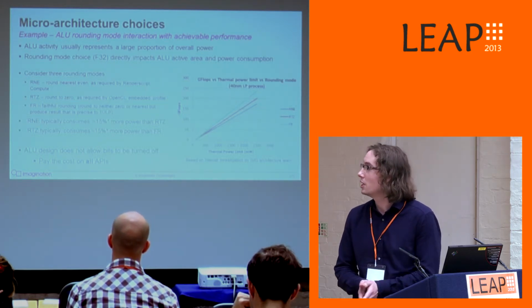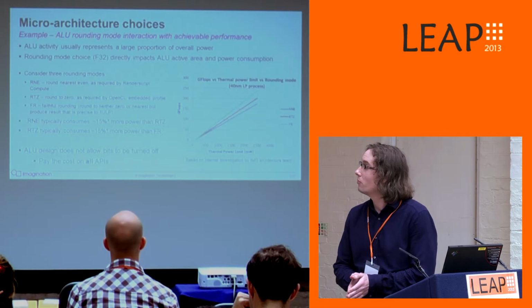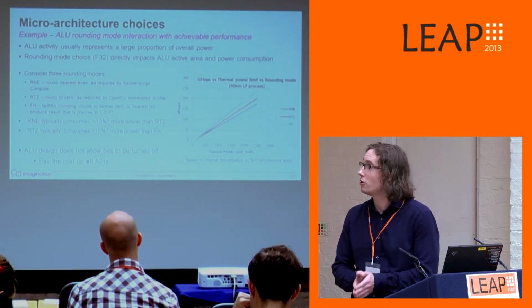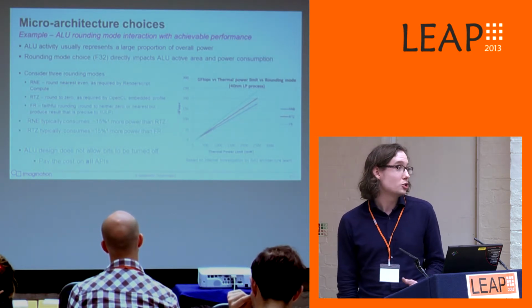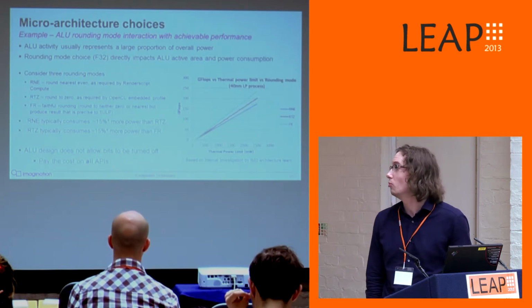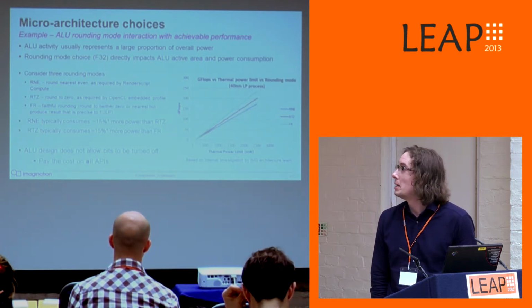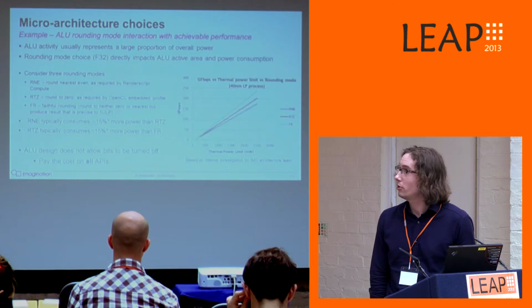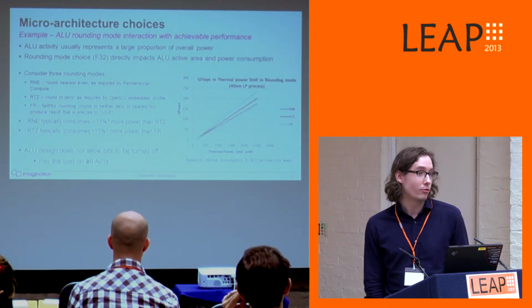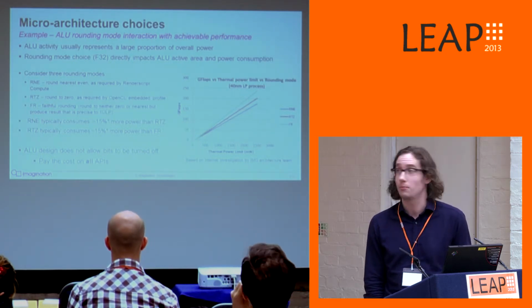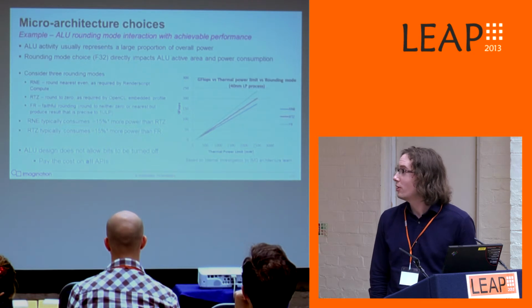Then things like the OpenCL embedded profile mandate round to 0. What we found was that consumed on average about 15% more power than faithful rounding. Then round to nearest even, which is required by the full profile, typically used in scientific applications, and also by RenderScript compute, requires another 15% more power.